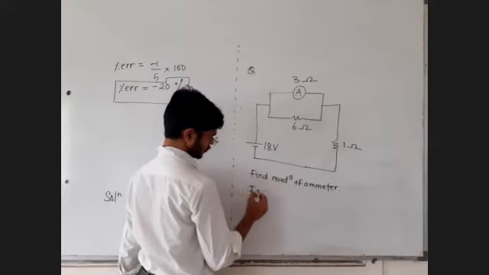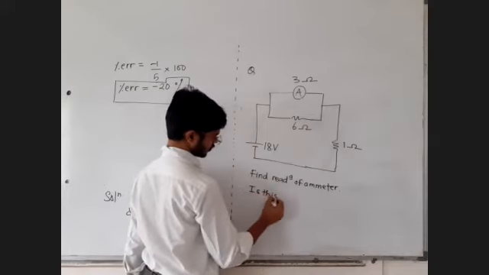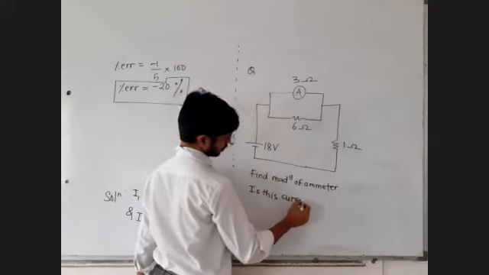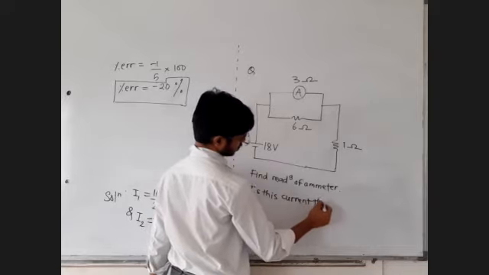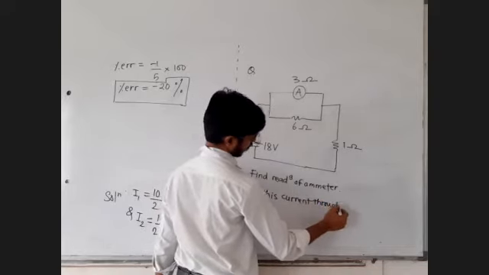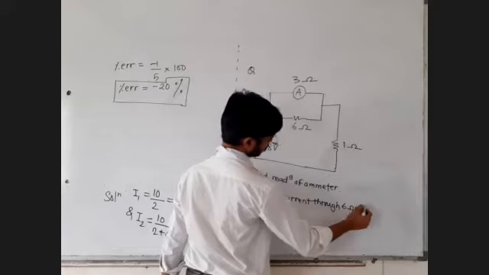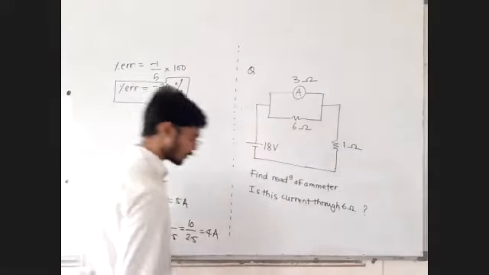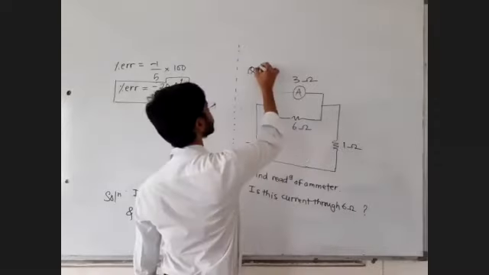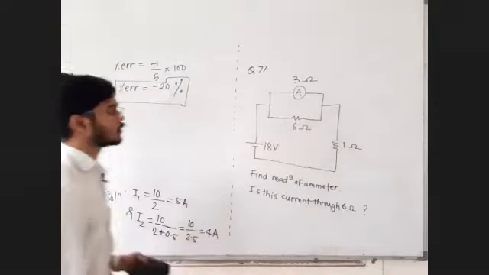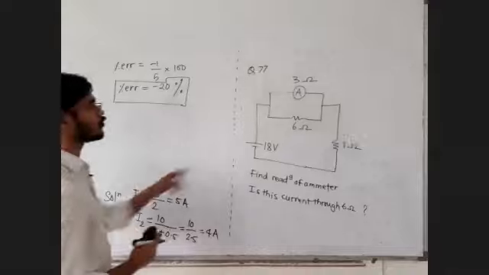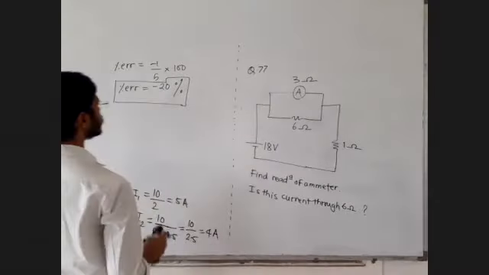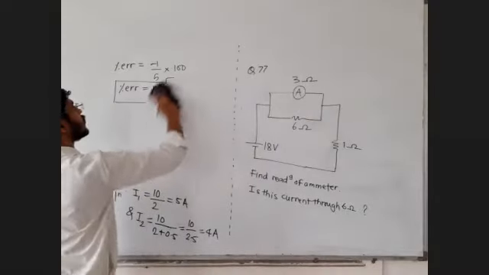Is this the current through 6 ohm? Question number 77. Tell me what is the reading of the ammeter. Solve this question. You know how to find out this current. Current in any branch you can find out, I know.